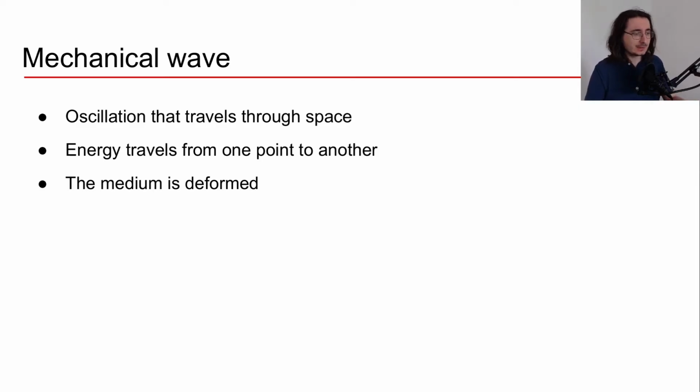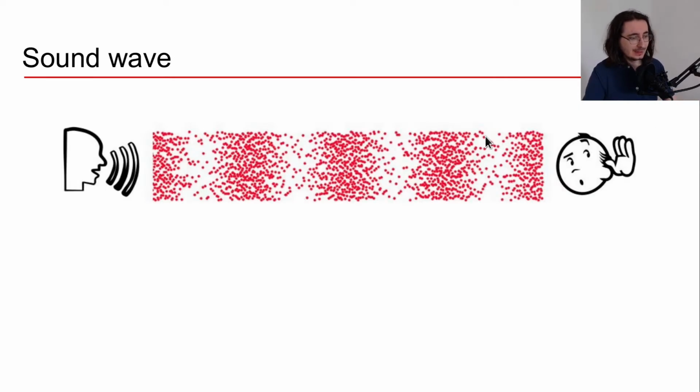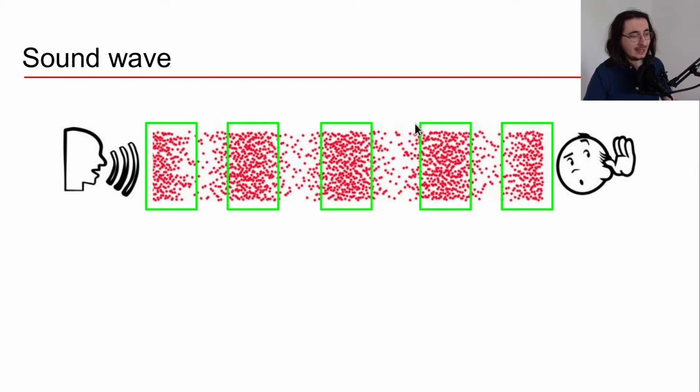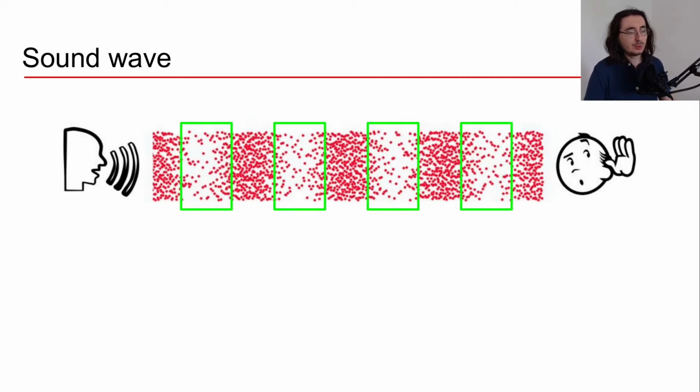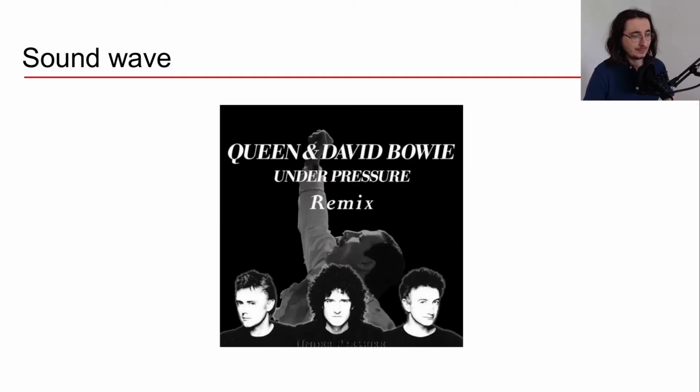In the case of sound, as I mentioned before, the molecules tend to bump into each other, and when that happens we have higher points of pressure. Then when they move away from each other, we have points of rarefaction, of less air pressure.